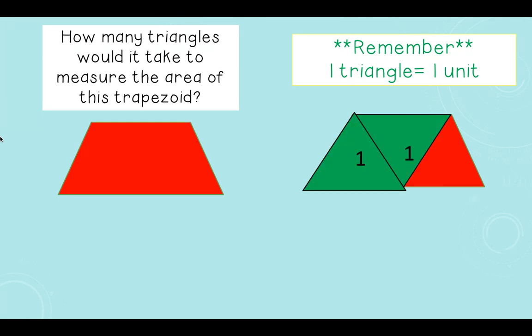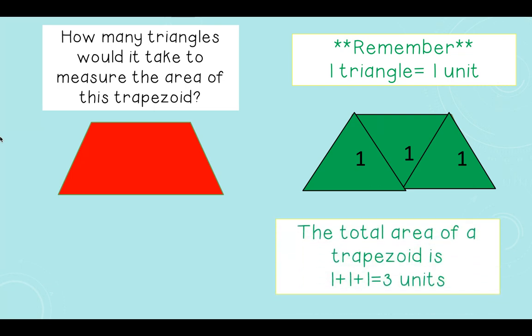So we have 1. And remember, each triangle is worth 1 unit, which is why you write a 1 on it. And this is the shape of a trapezoid. So the total area of a trapezoid is 1 plus 1 plus 1, which equals 3 units. Because each triangle is 1 unit, so you would do 1 plus 1 plus 1 as your equation, which equals 3 total units.